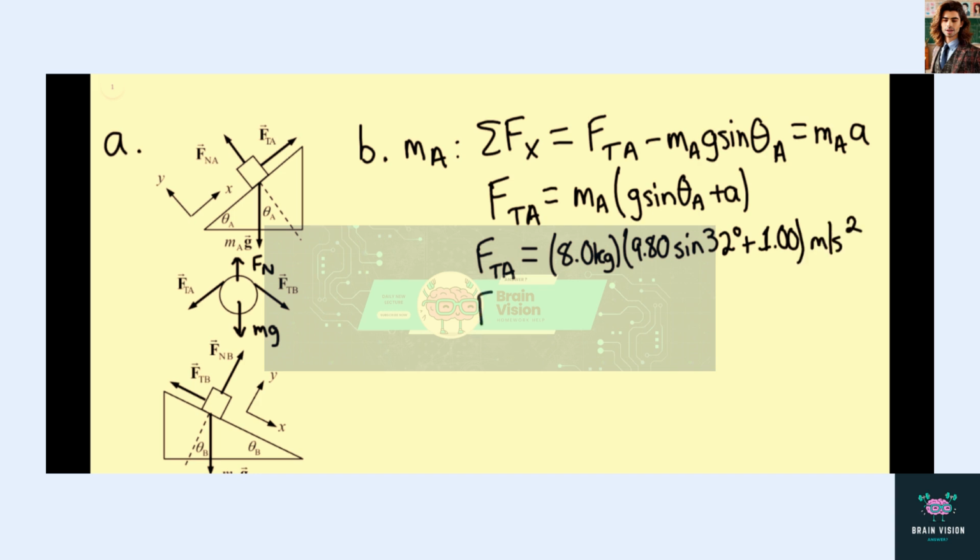And we find that the force tension sub A rather would be 49.6 newtons.